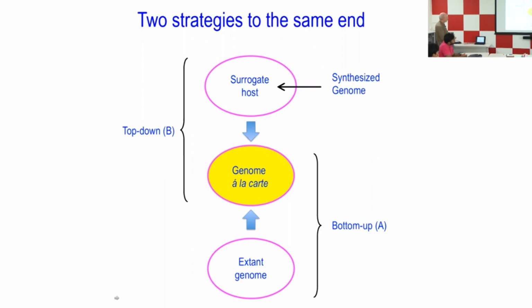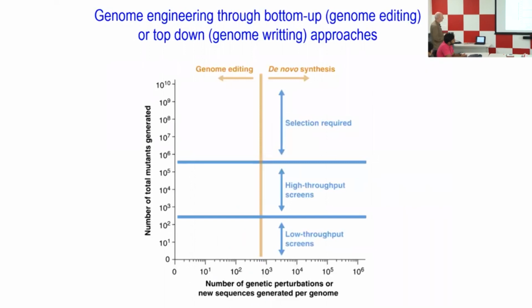Or what you do is that you start with an extant genome, and then you reduce the composition of the genome, and at the end the results are basically the same. So the two possibilities are there and are compatible, preferably compatible, with advantages and disadvantages.